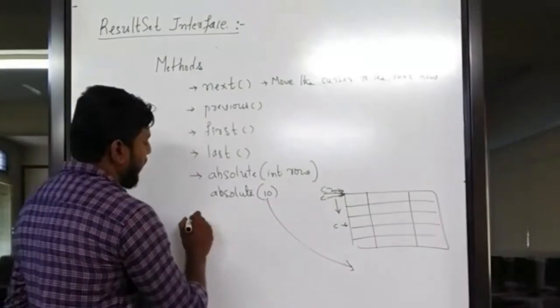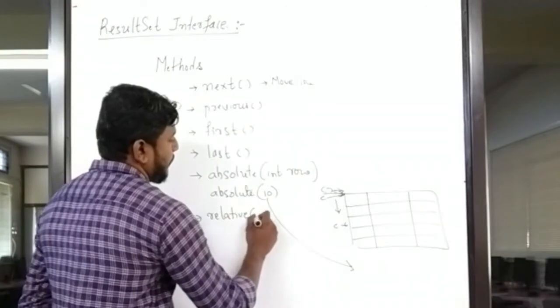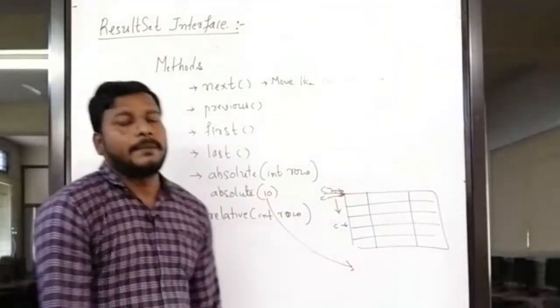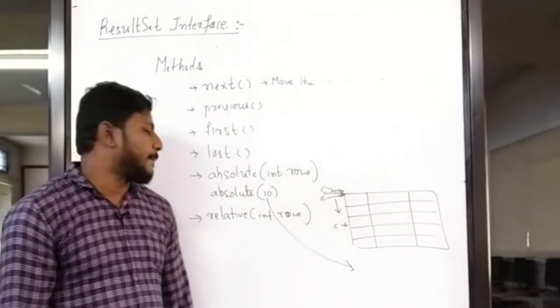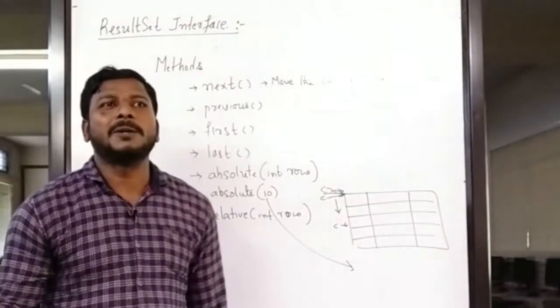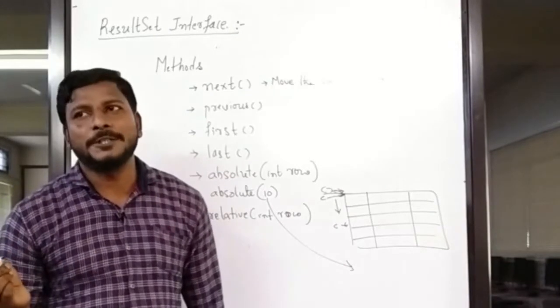And similarly we have one more, this is relative. Once again it takes a number as a parameter. In relative, the cursor moves to a location relative to the current position, and it will take both positive and negative numbers.